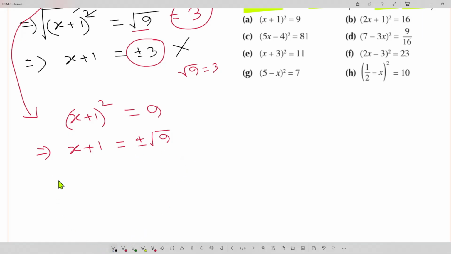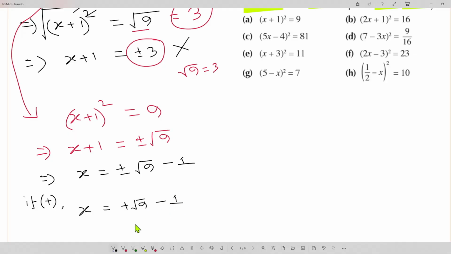Next, we have to find the value of x. So x equals plus minus root 9 minus 1. Now in the plus case, x equals root 9 minus 1, root 9 means 3, minus 1, so the answer will be 2.